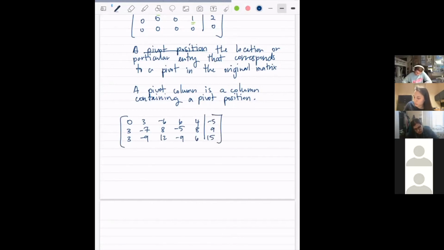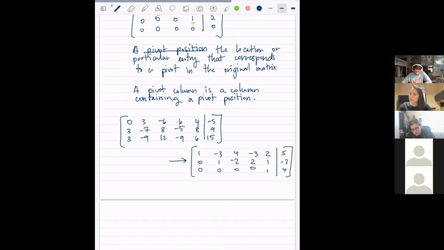Okay, so this particular matrix will row reduce to 0, 2, 0, 2, 1, 1, and 5, minus. Okay, so the pivots, let's see.